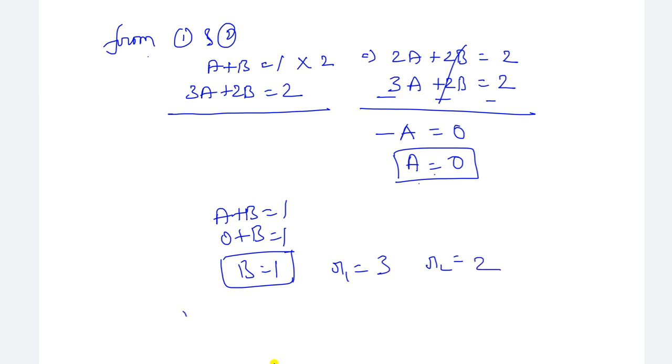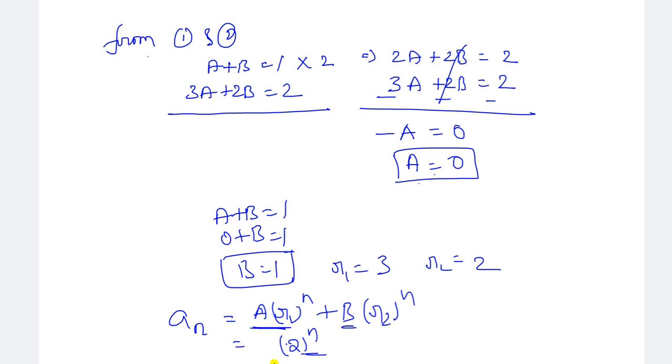Now, what is our general form? a_n equal to a into r1 to the power of n plus b into r2 to the power of n. That means a value 0, so 0 into something, this term is 0, plus only b is there, 1 into 2 power n. So this is the solution for this particular equation.